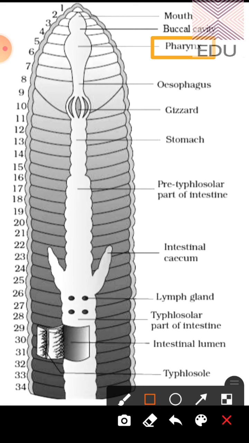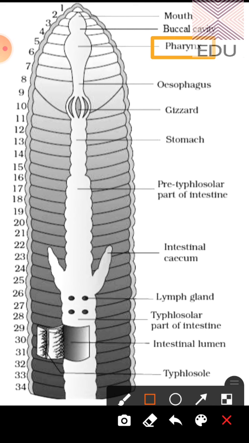As we have earlier discussed, if we cut the pharynx, we have a pharyngeal mass on the dorsal side. It has gland cells which are called chromophil cells. This is the name of the gland cells in the pharynx, and they secrete saliva.